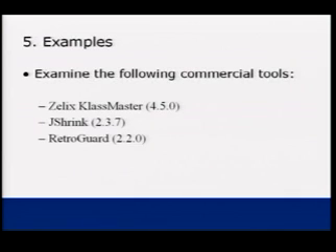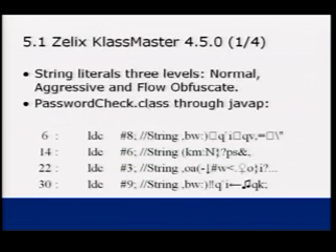Now, if we look at the particular fingerprints that are within particular tools, Zelix KlassMaster is just an example, and they're using string encryption, for example. So if you look at the string values here in the bytecode, they definitely don't look like normal ASCII printable text.